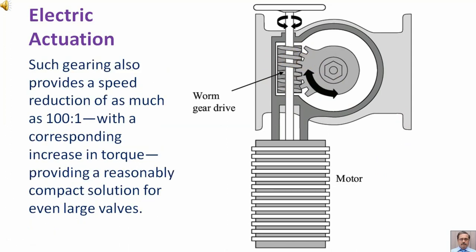Such gearing also provides a speed reduction of as much as 100 to 1 with a corresponding increase in torque, providing a reasonably compact solution for even large valves.